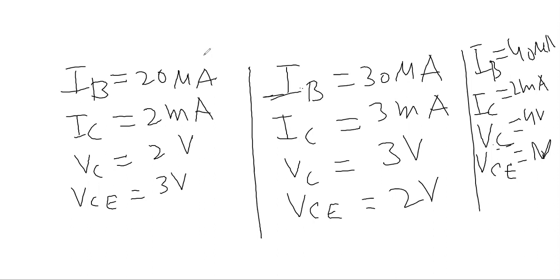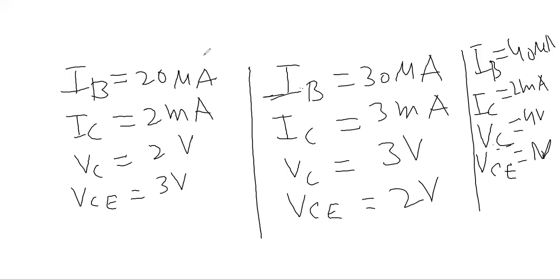Again we change the experiment. Take IB as 50 microampere, and IC will be 5 milliamp.